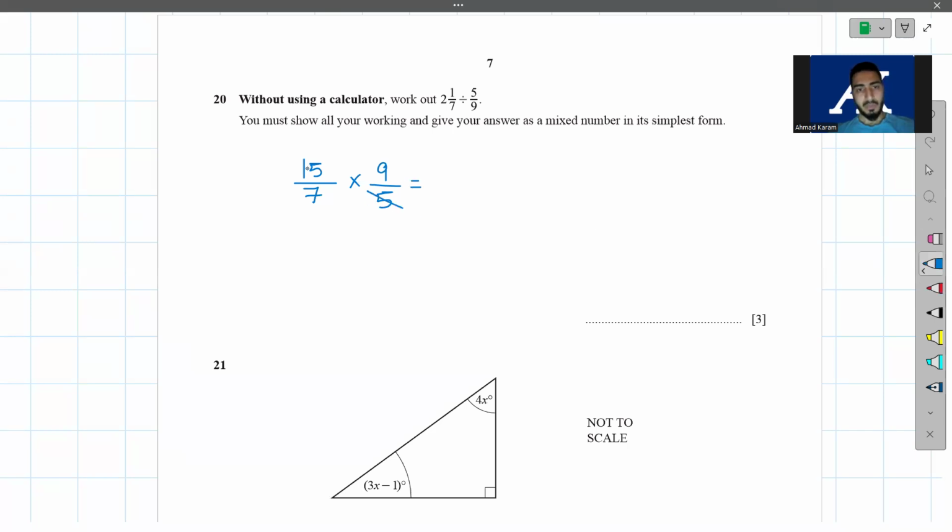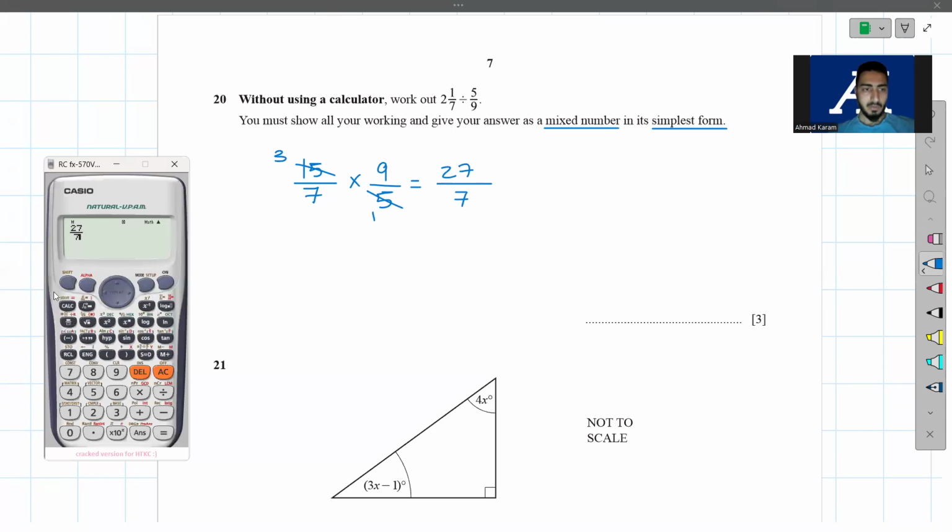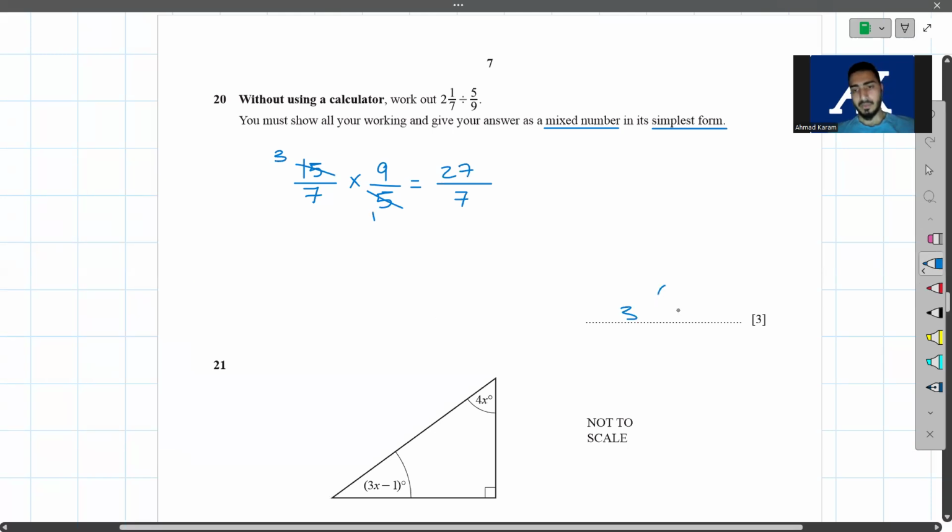Okay, so I'm going to simplify. So this is 3, this is 1. 3 multiply 9, 27 over 7. Write it as a mixed number, simplest form. So 27 over 7. Shift SD to get the answer, 3 and 6 over 7.